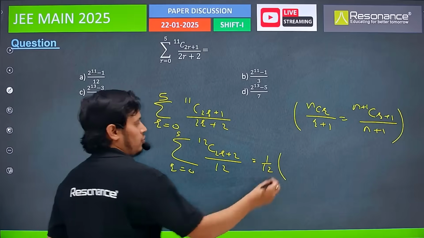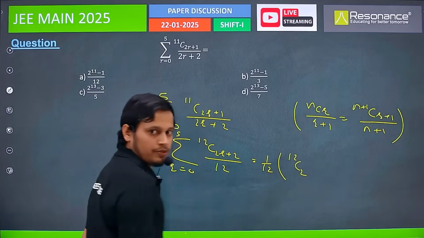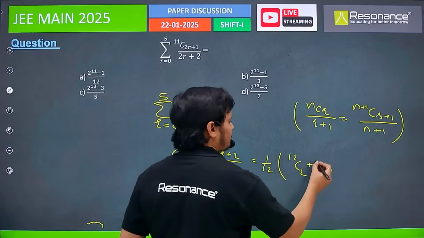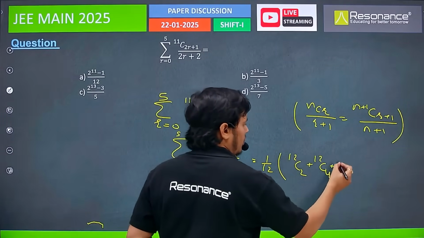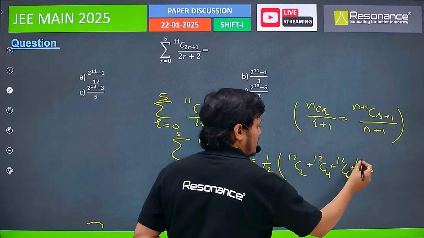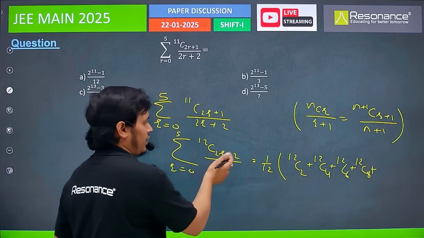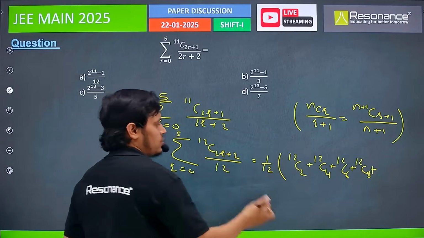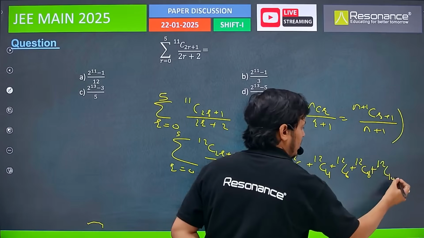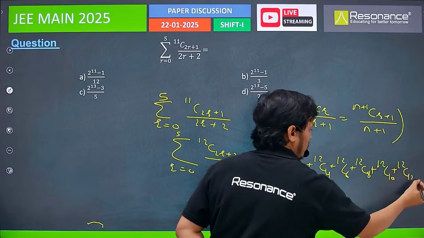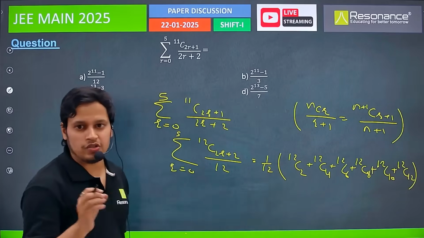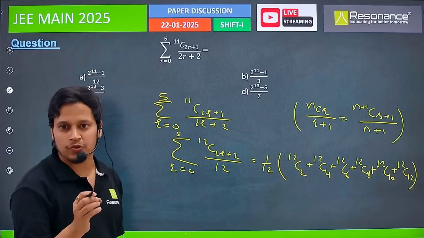Then if you put r from 0 to 5, what will you get? 12C2 first, then put r equal to 1, 12C4, 12C6, 12C8. Then if you put r equal to 4, this becomes 12C10 and 12C12. There is only one even term missing, that is 12C0.